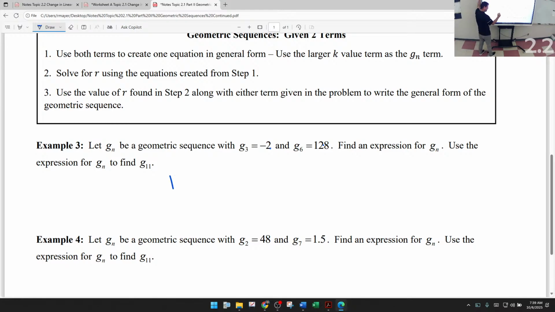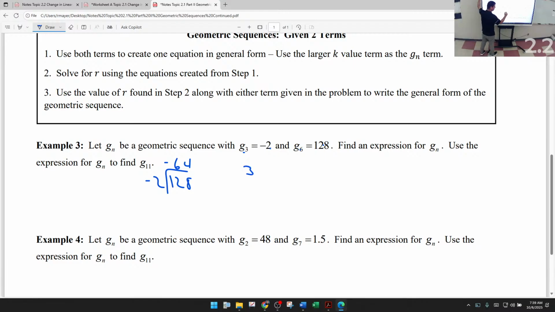So 128 divided by -2 is negative 64. So there's a multiplicity between negative 2 and 128 of negative 64. And 3 to 6 is 3 terms. Okay with that? And so I'm going to take the cube root of that because it's 3 terms.